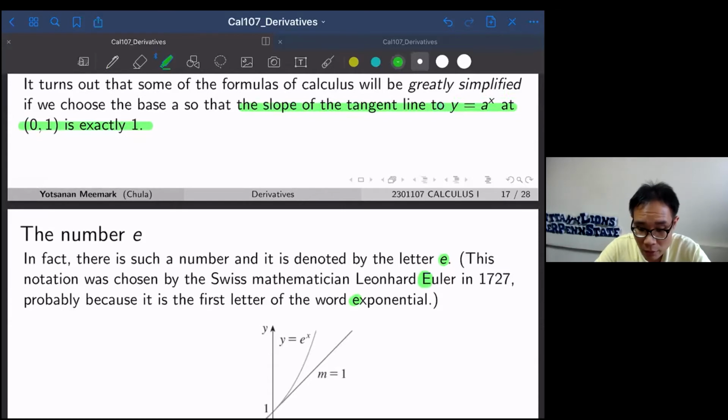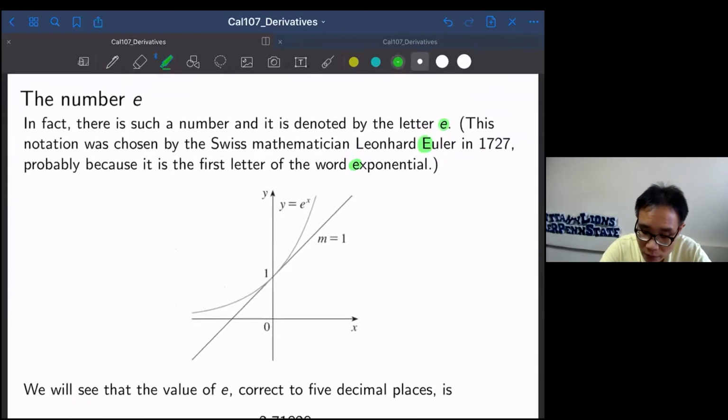So in this case, y equal to e to the x is the function that we're looking for, to have f prime of 0 equal to 1. So you get f prime of 0, which is the slope, equal to 1.